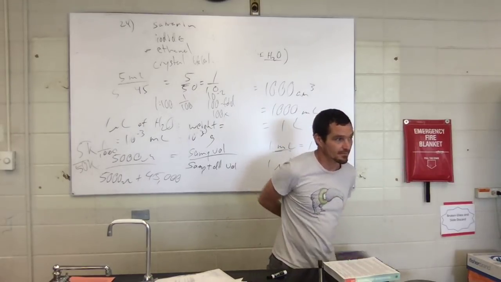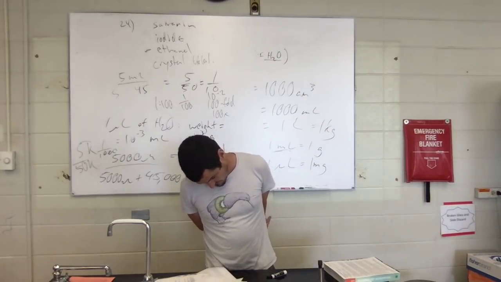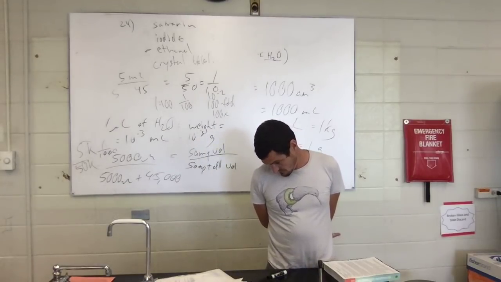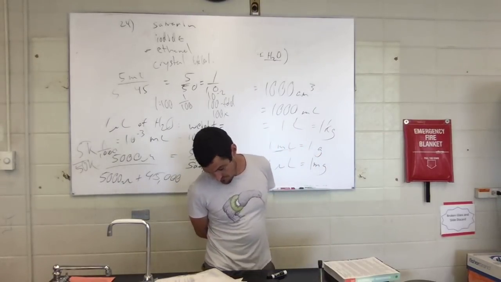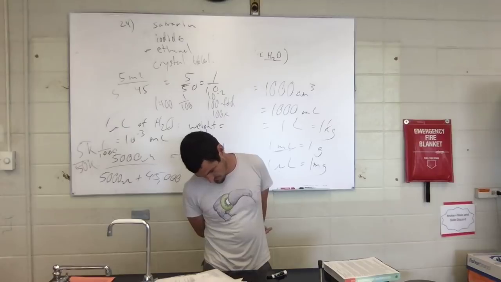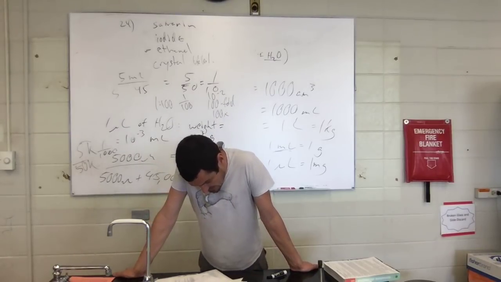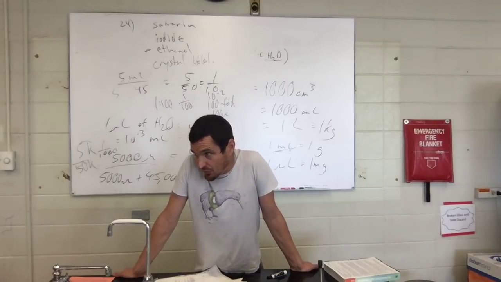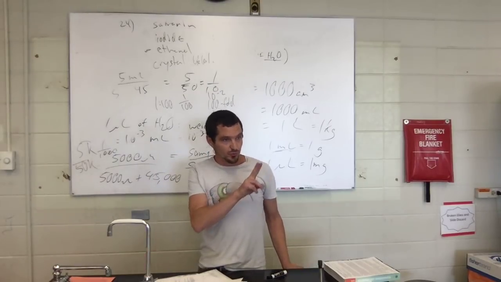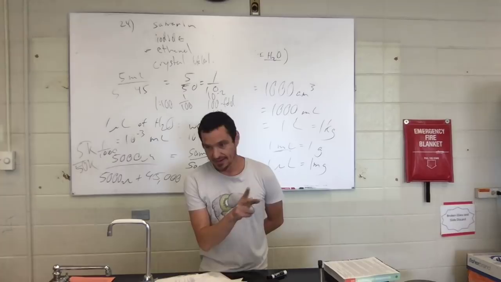For 23, it asks about the purpose of incubating an unopened plate, and I understand the purpose of it, but I don't understand why that's described as a negative. Okay, so for number 23, the unopened plates are controls, and there are 2 types of controls we run here, negative and positive.